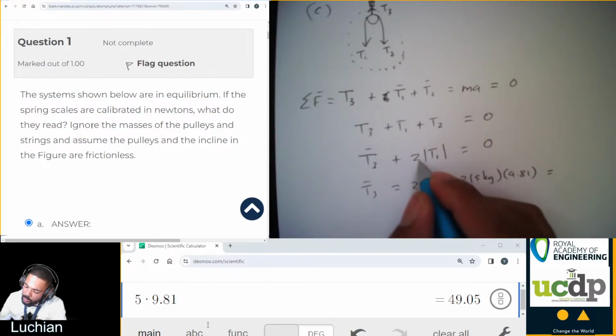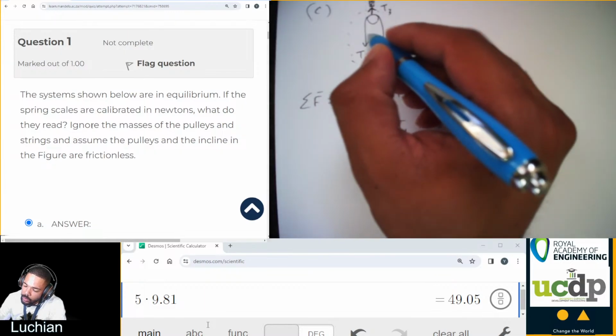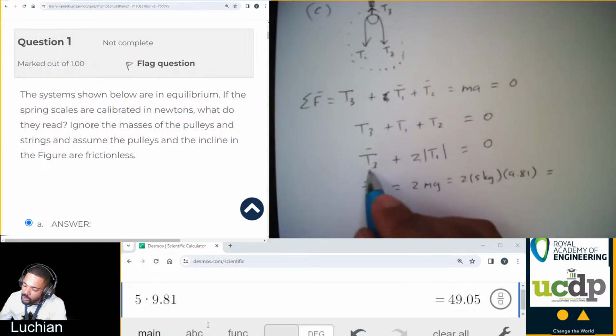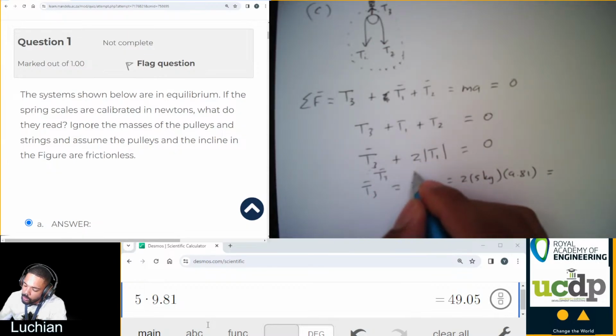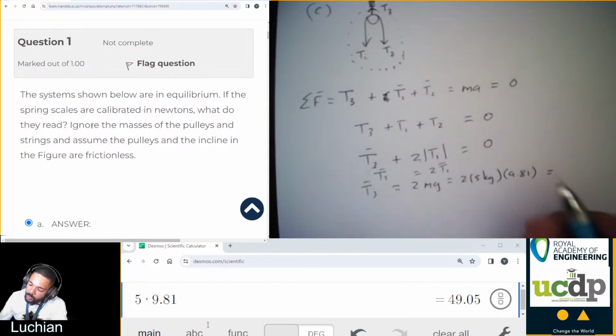Remember, the tensions going downward should be exactly equal to the tensions going up. The sum of these two should be 0. So T3 is equal to 2T1. That is equal to 2 times 5 is 10, times 9.8, that's 98 newtons.